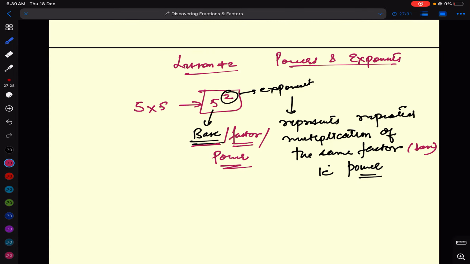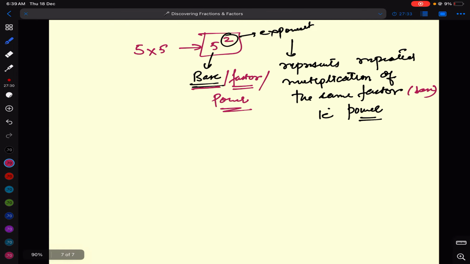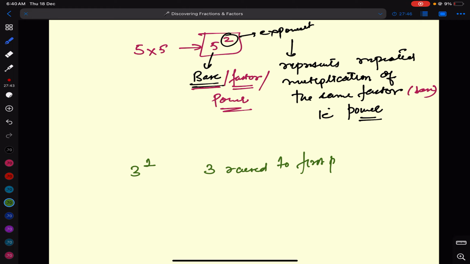Now I'll be listing a few exponents or powers. The first one is 3 to the 1. We write it as 3 raised to the first power, which is basically equal to 3.